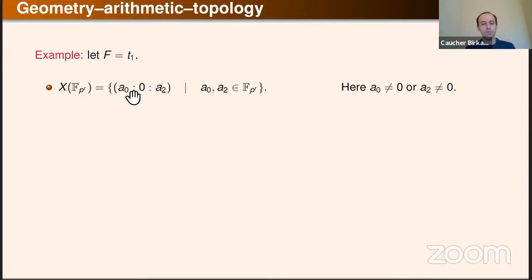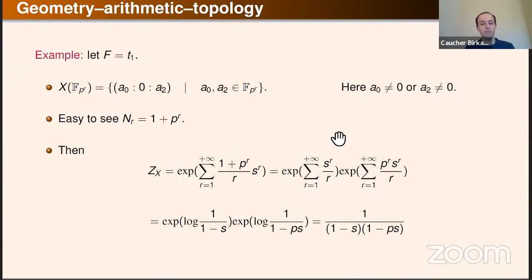And of course, one of them should be non-zero to get a point in the projective space. And it's easy to count how many points you have here because we are working over a finite field. In this case, the number of points, which is N_r, is exactly 1 plus p^r. So everything is calculated simply.